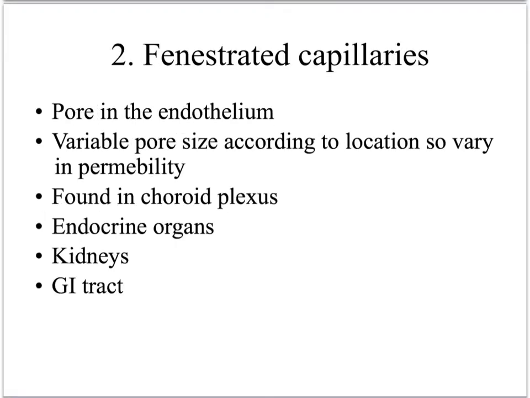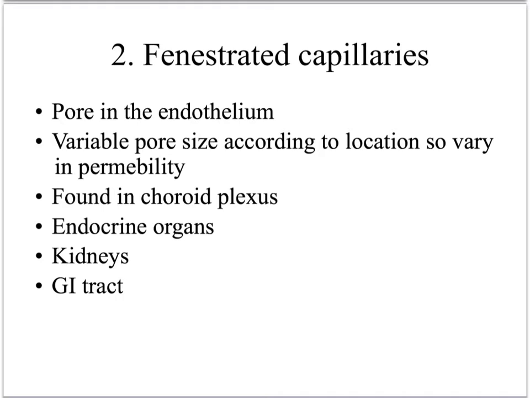Second type of capillary is going to be a fenestrated capillary. If you know what a fenestrated drape is, then you'll know what the word fenestration means. Picture a fenestrated drape as being the type of protective barrier they use in a surgery, but it's got a hole under which the incision is going to be located. So a fenestration simply means a hole.